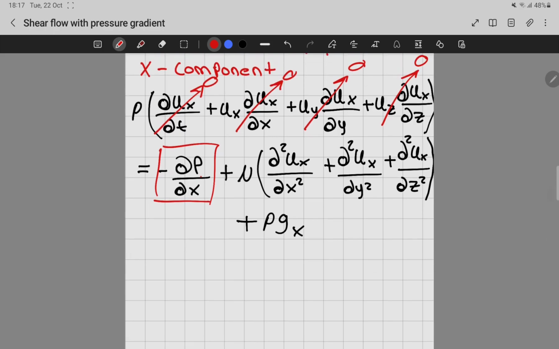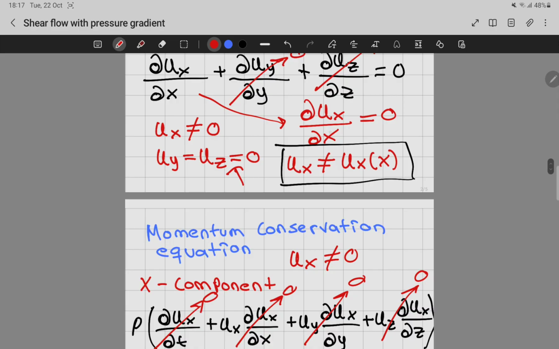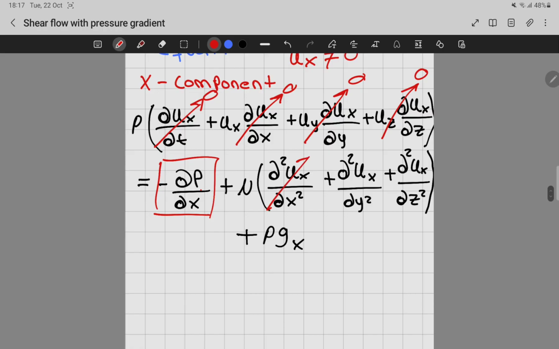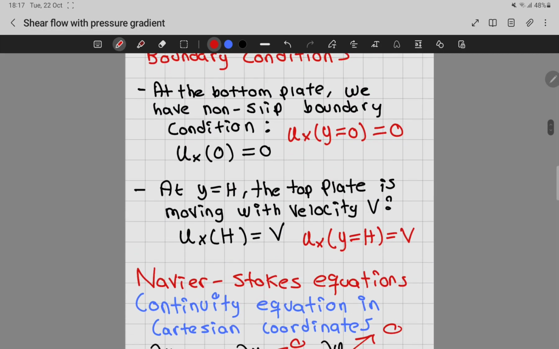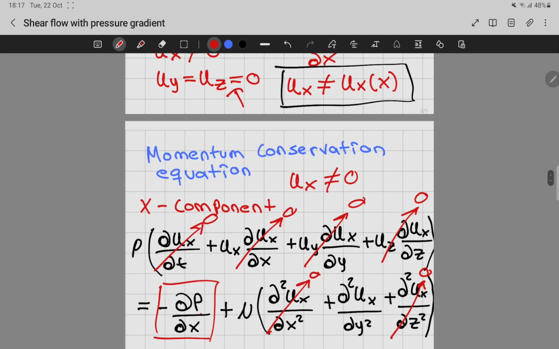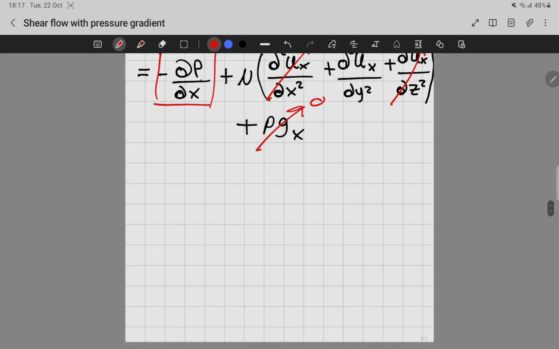If the first derivative of ux with respect to x is equal to 0, then the second derivative is also going to be 0. ux is going to depend on y, so this is non-zero, and ux is not going to depend on z, so this is 0. And gravity does not act in x direction, so this derivative is 0.